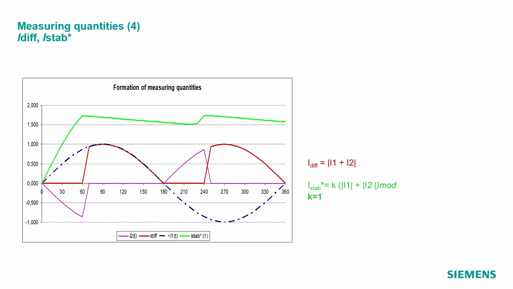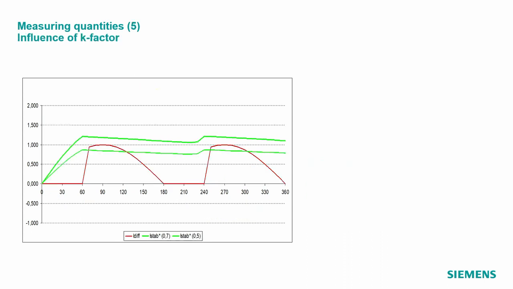So the stabilization factor with K is 1. And here the tripping criterion would be that the differential current should be above the modified stabilization current, but with stabilization factor K is 1. Of course, we have absolutely no risk of any tripping, but unfortunately, with a stabilization factor of K is 1, we would also not trip in case of an internal fault. So a stabilization factor of K equal to 1 makes no sense.